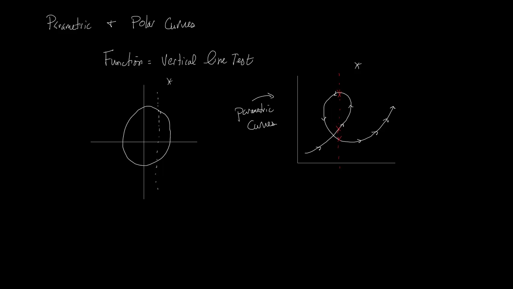So let's go ahead and continue, and let's say we have a particle that moves along a curve. You can call this curve anything, C, B, whatever you want, in the XY plane.